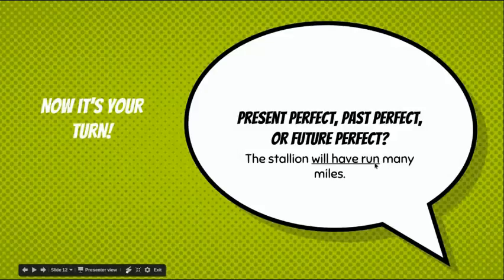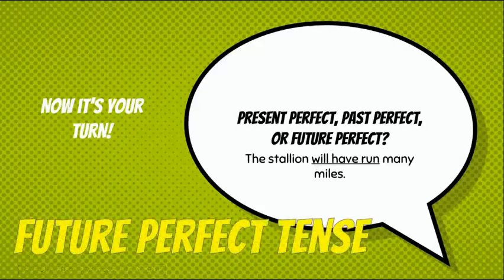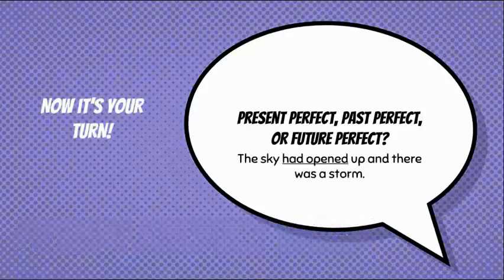And then you've also got this in front, a form of have. This one says will have. So is this going to happen in the present, in the past, or in the future? The stallion will have run many miles. If you guessed future perfect tense, you're right. On to the next one.